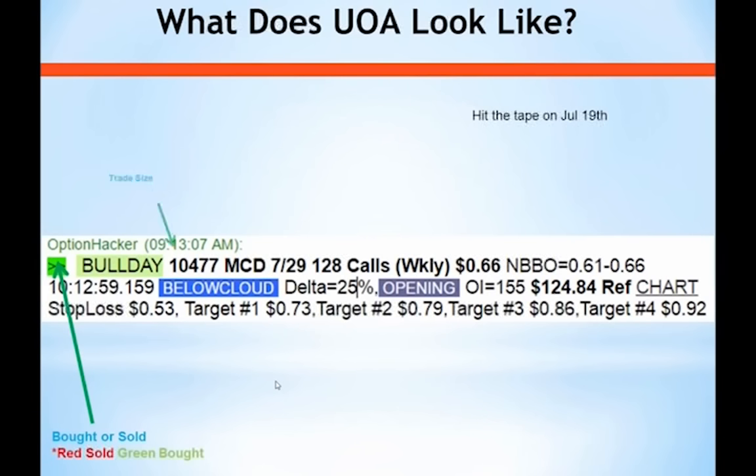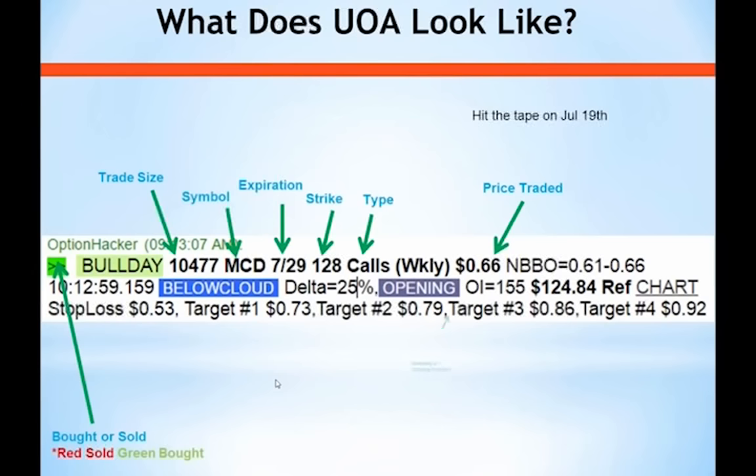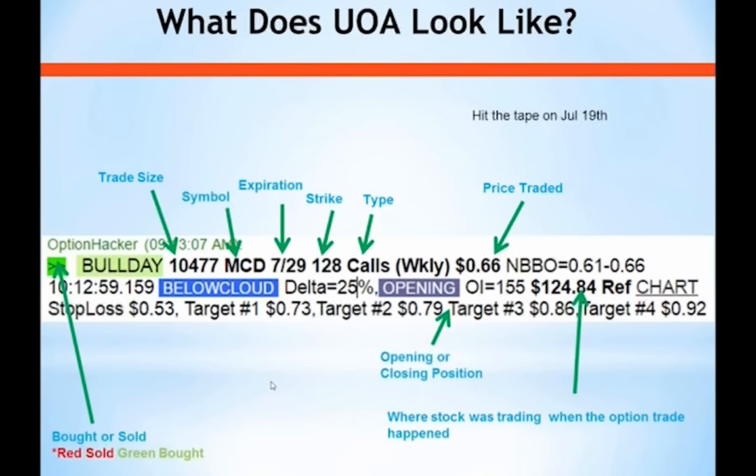And we're able to see whether a position was bought or sold, the size of the trade, the expiration, the strike price, the price it traded at, whether it was opening or closing, and the market at the time of the trade, along with where the stock was trading at the time of the trade. So all of this gives us interesting insights into what the traders' motivations are for this trade.